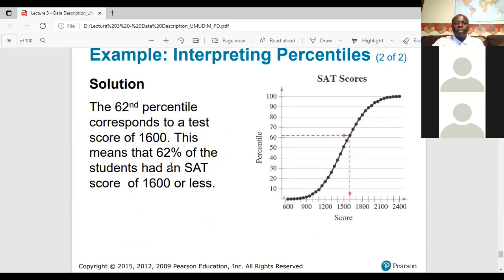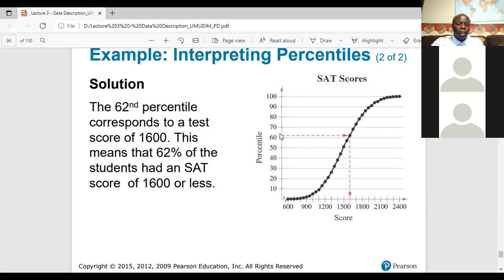This means that 62% of the students scored at or below 1600. Or you can say it this way: it didn't give us the number of students, but a score of 1600 performs better than 62% of all the students who took the SAT exam.